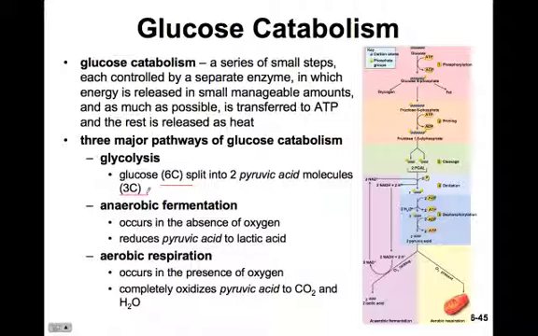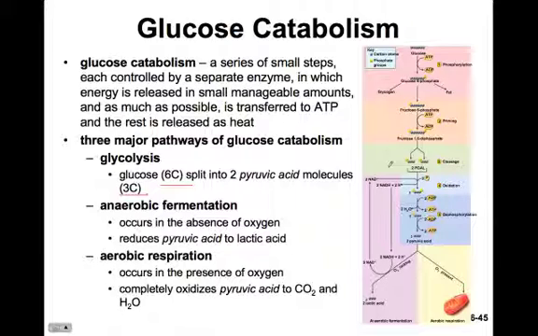After the process of glycolysis, we yield a very little bit of ATP, and we're left with this pyruvic acid, which could either, if there's no oxygen present, go through the processes of anaerobic respiration that you see over here in the purple, or we could go through aerobic respiration if oxygen is present, and we'll completely oxidize pyruvic acid into carbon dioxide and water, and we'll trap lots of ATP, somewhere in the order of 36 ATP total.